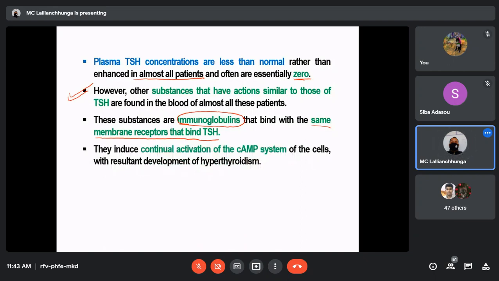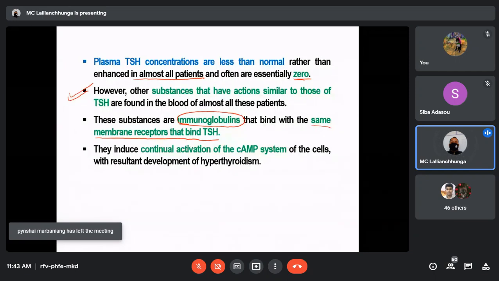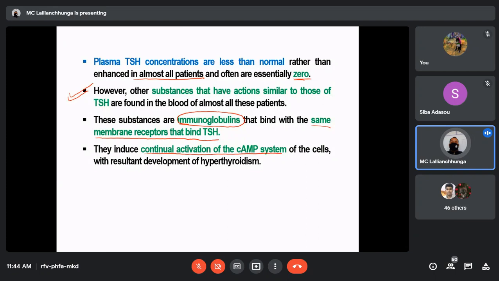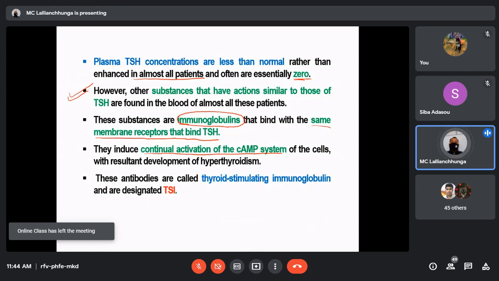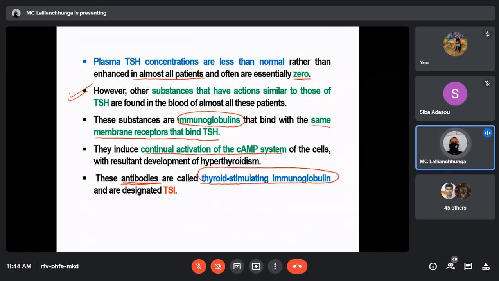These immunoglobulins, known as TSI, induce continual activation of the cyclic AMP system of the cells, with resultant development of hyperthyroidism. Increased cyclic AMP concentration leads to more synthesis of T3 and T4 and increased rate of secretion, which we have already discussed. These antibodies, or immunoglobulins, are called thyroid stimulating immunoglobulin, designated as TSI.